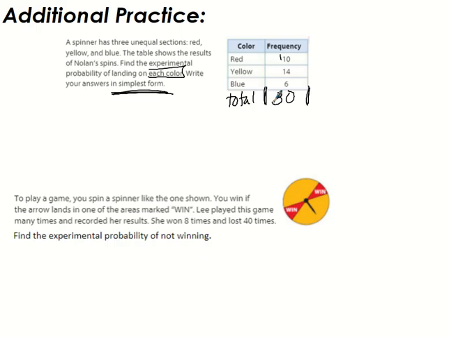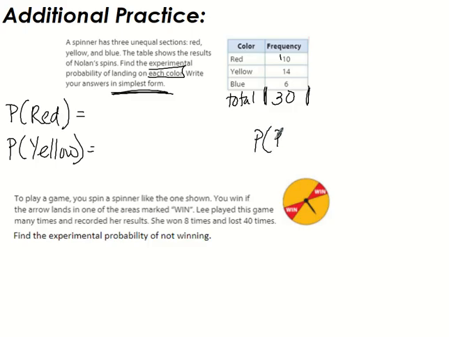So this is where I would like for you to, again, pause based off what we just did on the last one. Probability red, probability yellow, and I'm going to put this one over here just for space, probability of blue. It's really important that you pause and try to do this yourself.